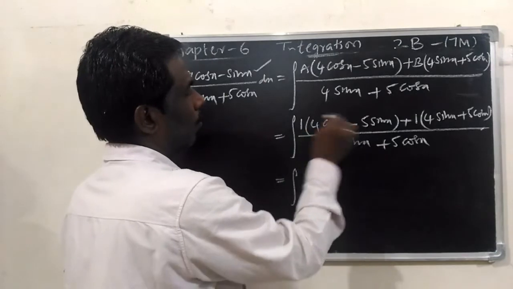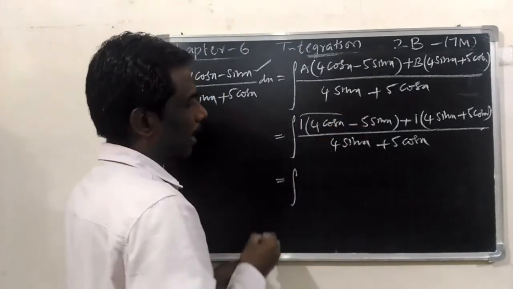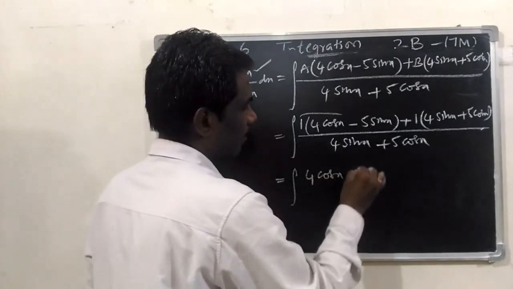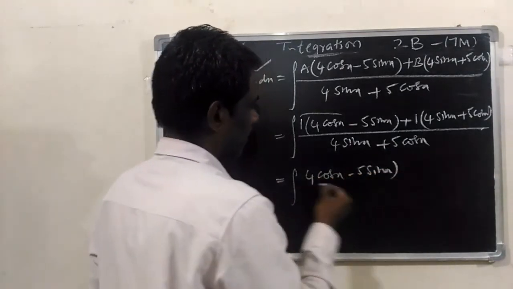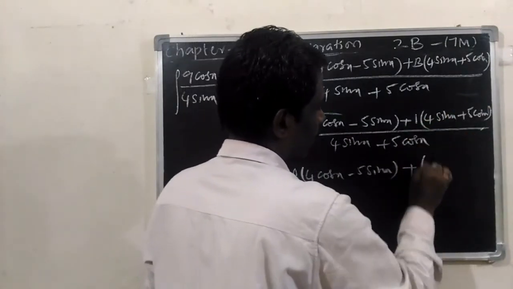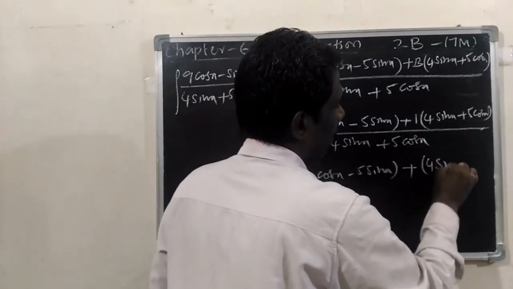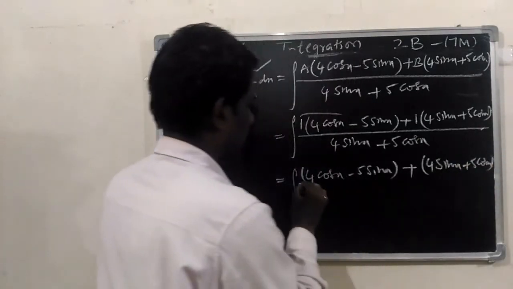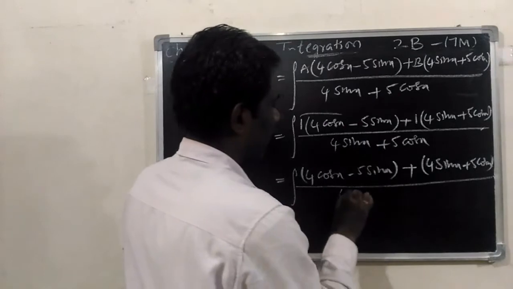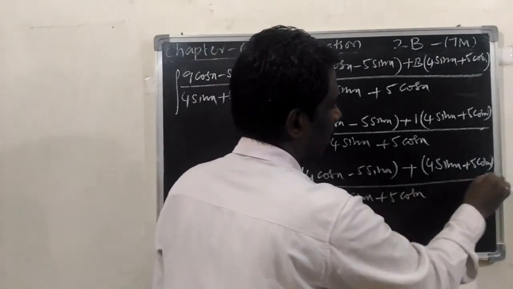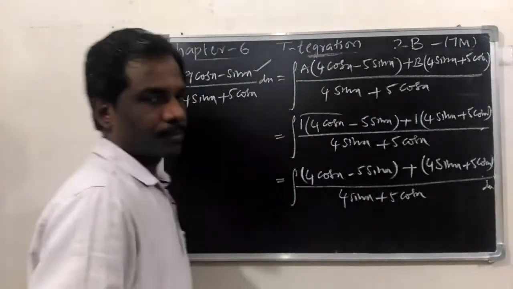And this is equal to the integral of 1 into, the bracket value will come the same, 4 cos x minus 5 sin x, plus here also 1 into, we get the same thing, 4 sin x plus 5 cos x by 4 sin x plus 5 cos x into dx.